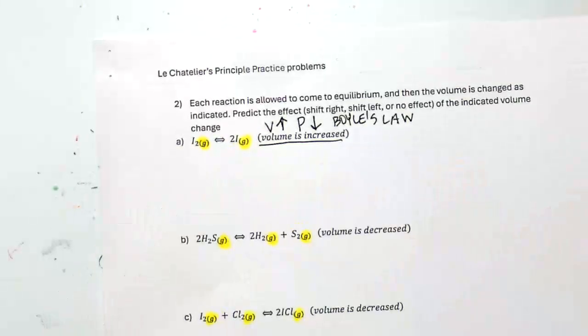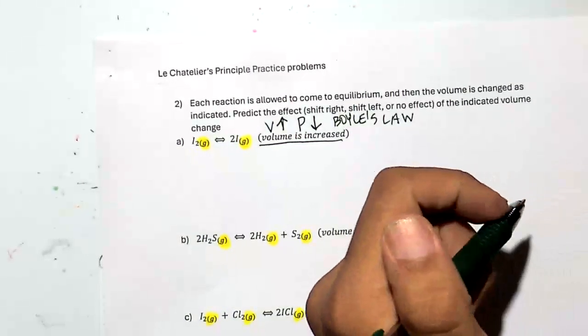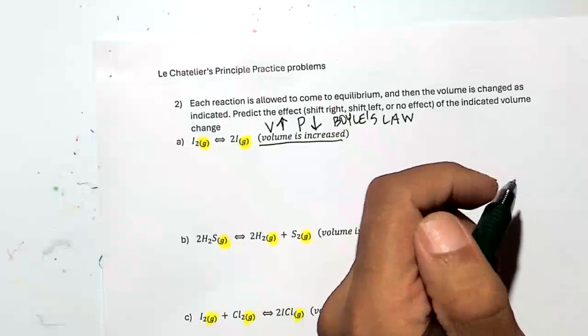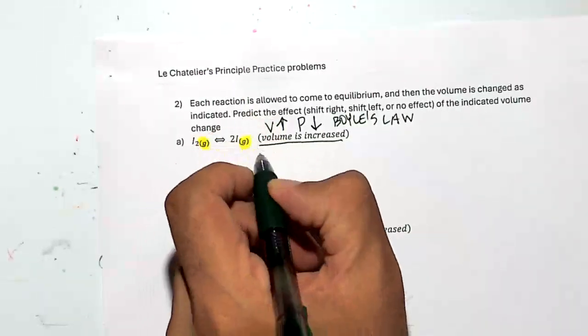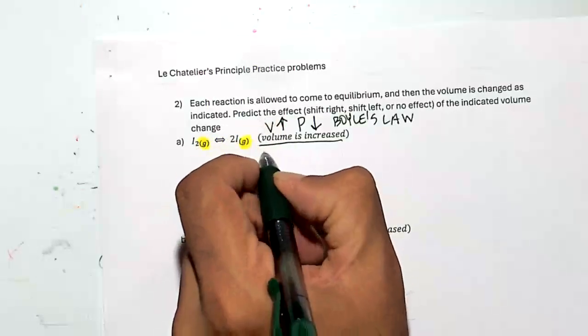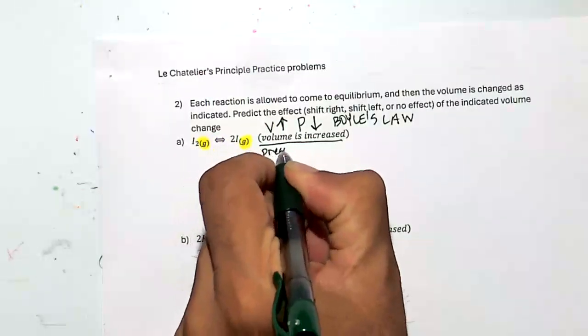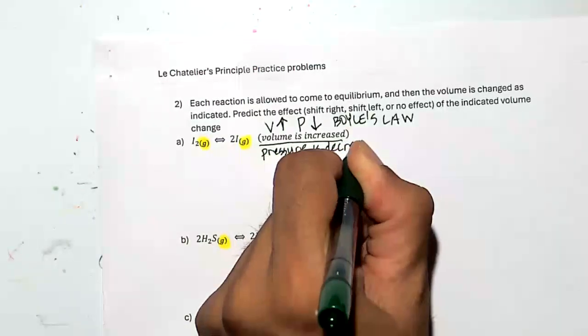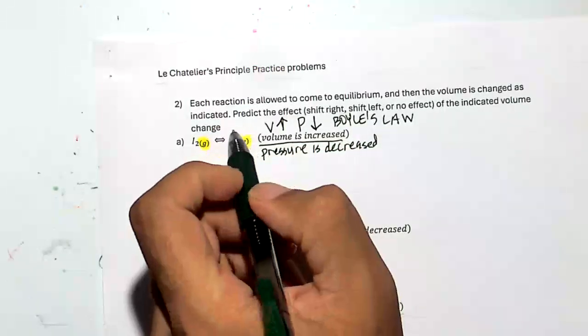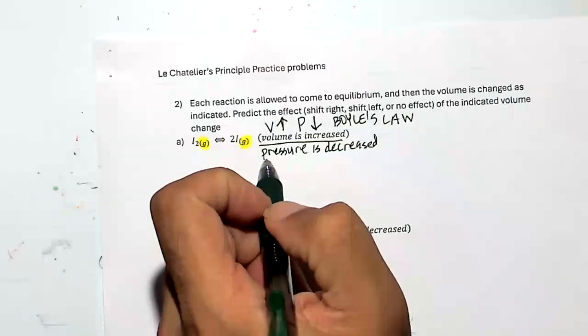So pressure and volume are inversely proportional. So essentially, when we're increasing the volume, we are decreasing the pressure. This is the code: volume increased means pressure decreased.